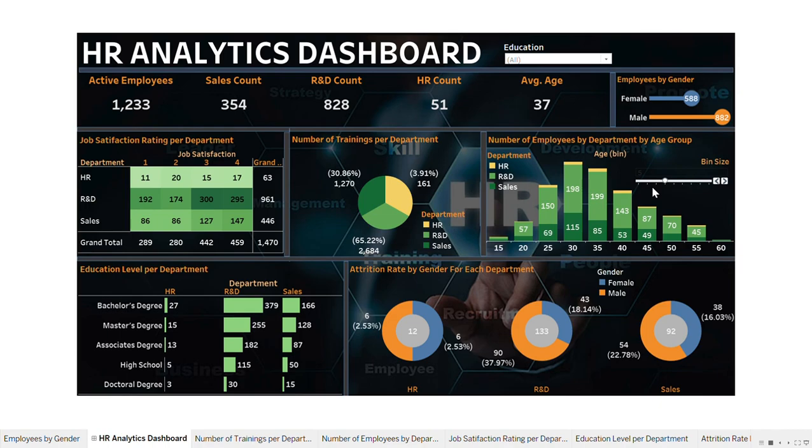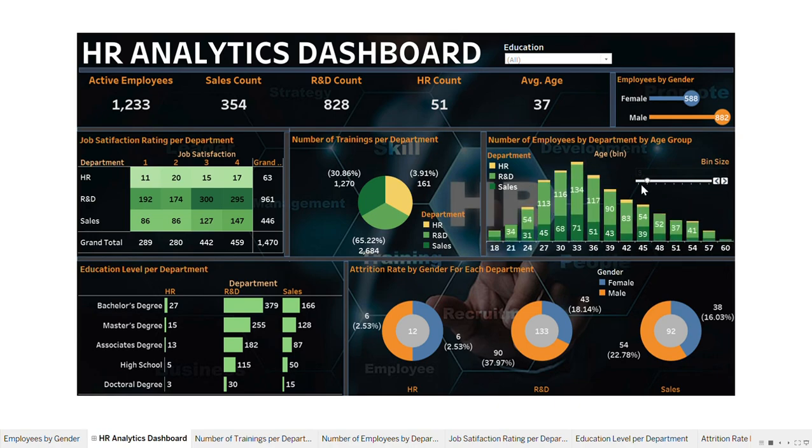Then here you'll be able to see the number of employees by department and by age group. In other words, say if you want the age group of employees who are 40 years in the department, you find that 53 of them come from sales department, 143 of them come from the R&D department, and 12 of them come from the HR department, and so on and so forth.